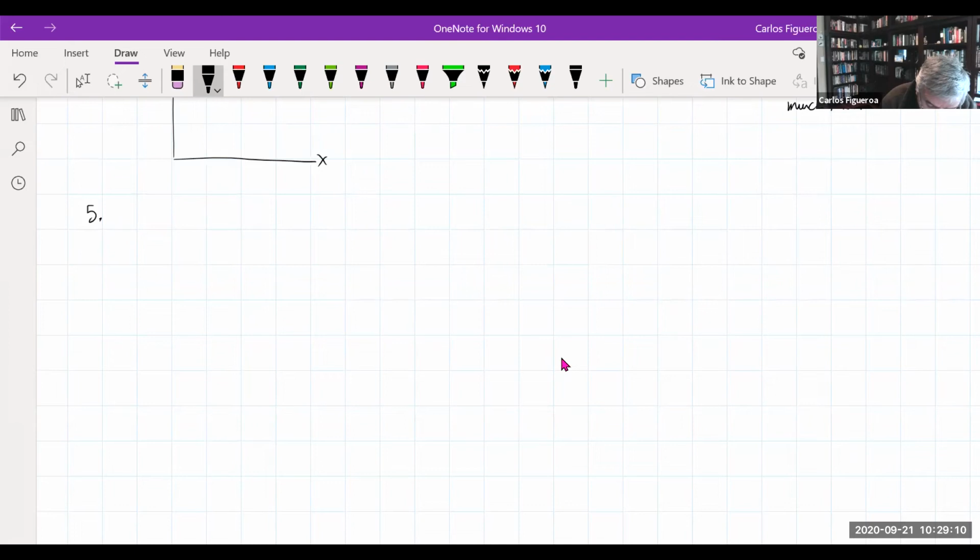So now I want to look at what a Lorentz boost does in space-time diagrams. Okay, that's the question that I want to answer next.